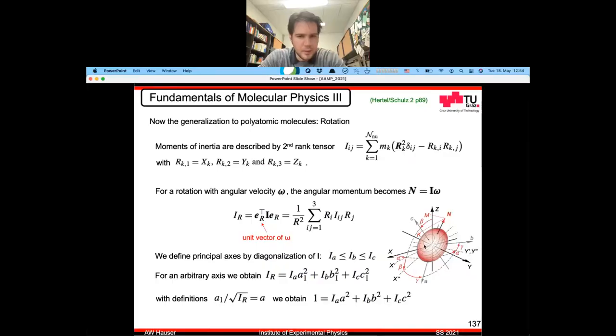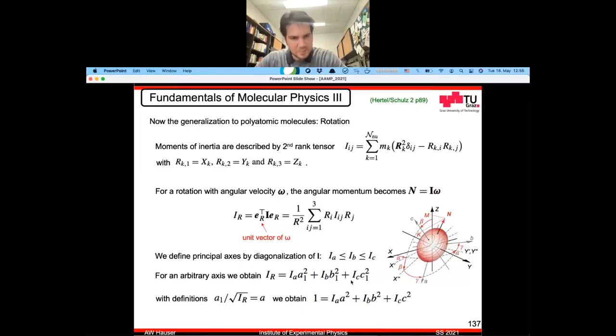And so if I am now interested in the moment of inertia for a rotation along some arbitrary axis, then in my newly defined set of coordinates, I can say that this moment of inertia is simply a sum of the moments of inertia along this new axis, so that these values IA, IB, and IC, multiplied by A1 squared, B1 squared, C1 squared.